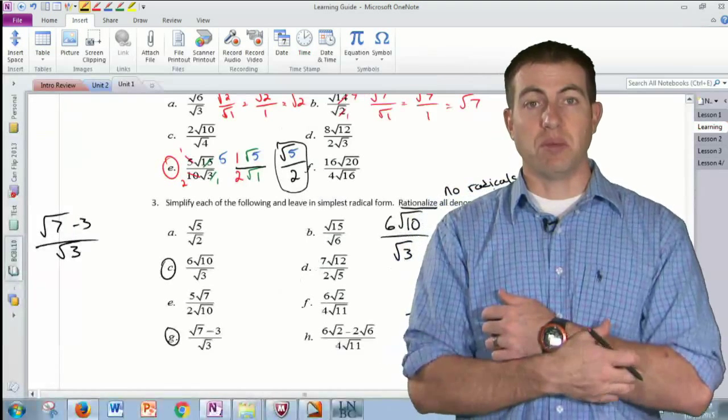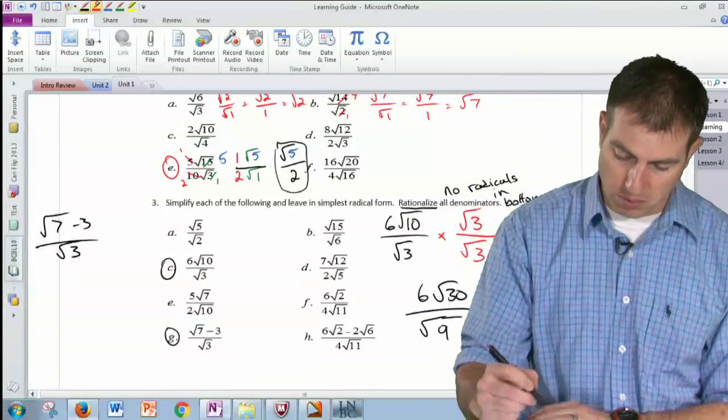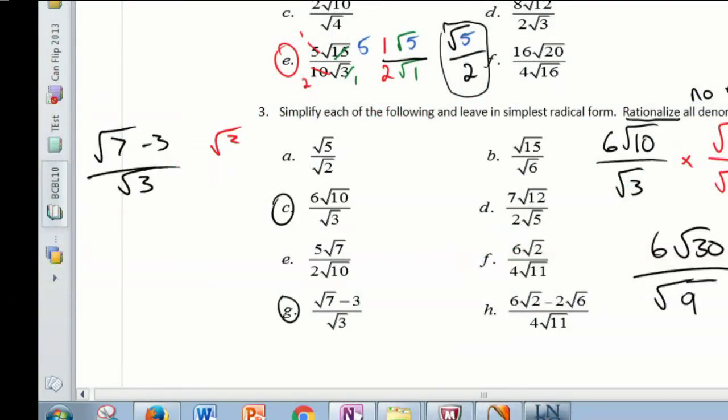Same root 3 on the bottom, just a coincidence. So what I'm going to do is multiply both the top and bottom by root 3. There's nothing I can simplify here. Root 7 minus 3, I can't combine those. The root 3 on the bottom, I can't simplify anything there because I'm not going to get any whole numbers.